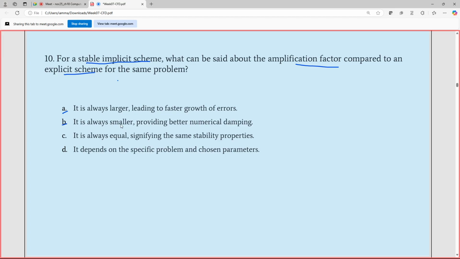Option B, it's always smaller, providing better numerical damping. Option C, it's always equal, signifying same stability properties. Option D, it depends on specific problem and chosen parameters. Try to answer the question.